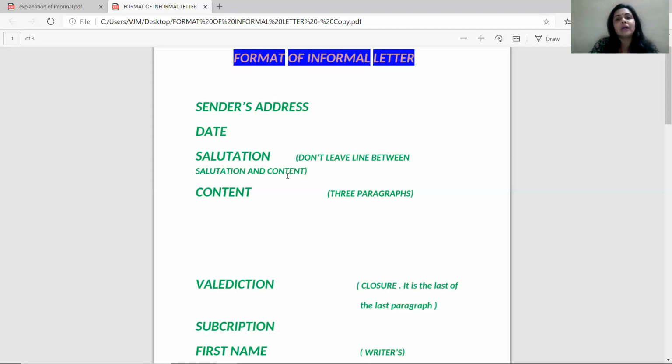That whole will become your first paragraph. The second paragraph will wholly be used for your reason for writing the letter. And the third paragraph would be the conclusion. Those closing phrases and sentences also we have seen, and you can add some more from your own side.